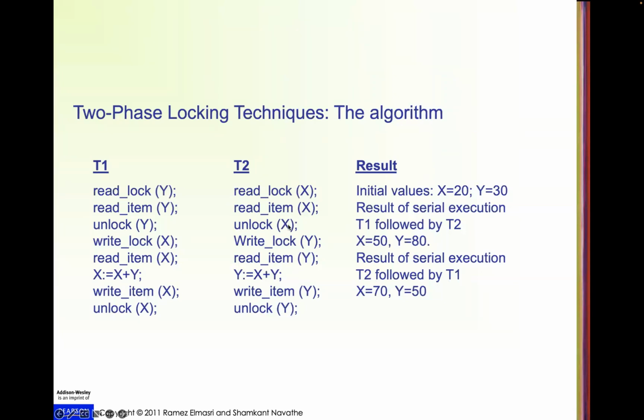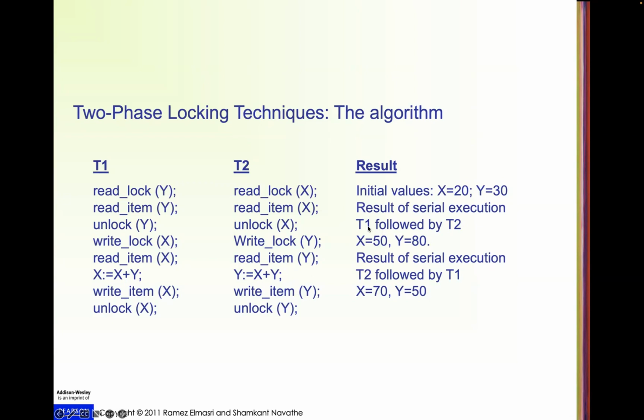It will unlock it, then obtain a write lock on Y to change the value of Y. Y is how much? 30. We did not change Y here, so Y is 30. And then it says make Y as 50 plus 30. So Y becomes 80. Write the item, update the value of Y as 80, and unlock it.